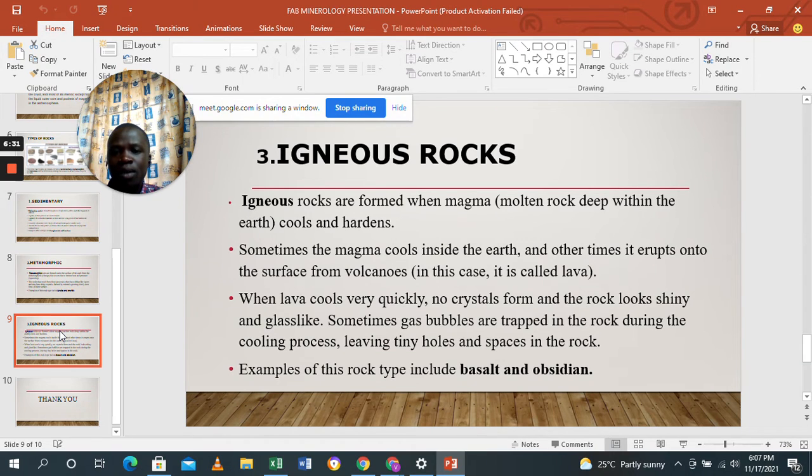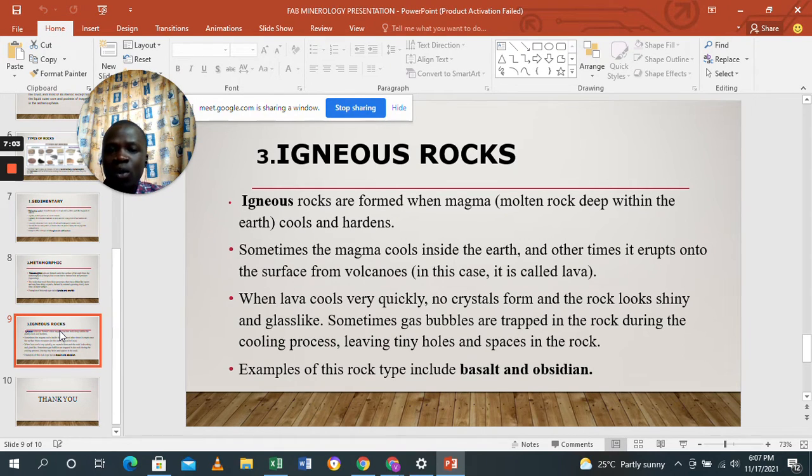When eruptions occur, lava flows onto the earth's surface and hardens, and there is magma which cools inside the earth, forming these igneous types of rocks. Sometimes the magma cools inside the earth, another time it erupts onto the surface from the volcanoes. Those flows onto the surface are the lava.